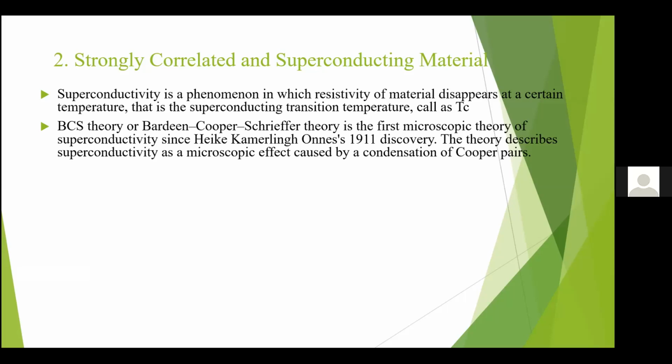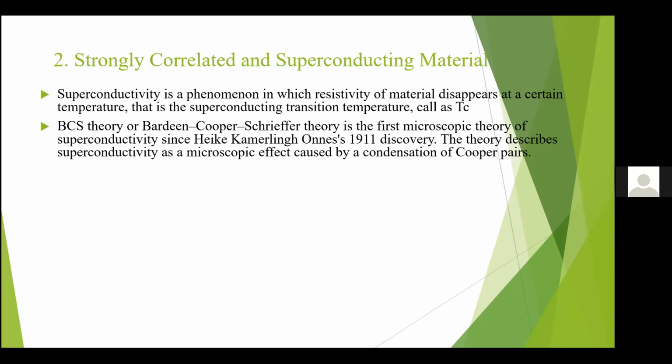And now, to explain superconductivity, we use the BCS theory, or Bardeen-Cooper-Schrieffer theory, which is the first microscopic theory of superconductivity since Heike Kamerlingh Onnes's 1911 discovery.